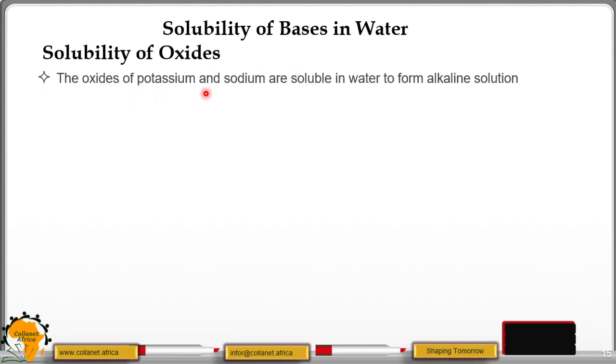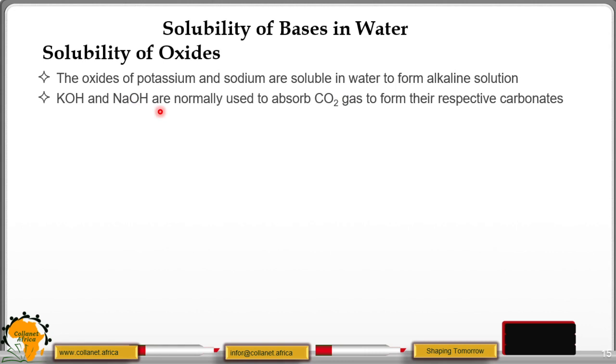The oxides of potassium and sodium are soluble in water to form alkaline solutions. Potassium hydroxide and sodium hydroxide are normally used to absorb carbon dioxide gas to form their respective carbonates. If you remember, in form 1, in fractional distillation of air, we used potassium hydroxide and sodium hydroxide to remove carbon dioxide from air.